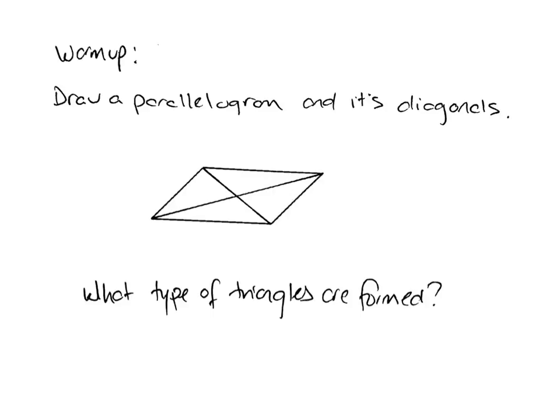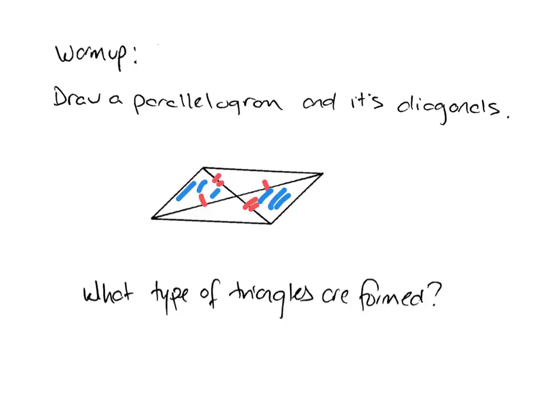Okay, so knowing that this is a parallelogram, we know that we have diagonals that bisect each other. So that diagonal is congruent, this diagonal is congruent. And so we have kind of a set of left and right triangles. Can't we say that the left triangle is going to be congruent to the right triangle by side, side, side, or side, angle, side, whatever method we want?